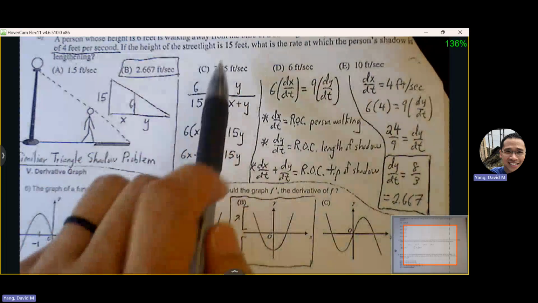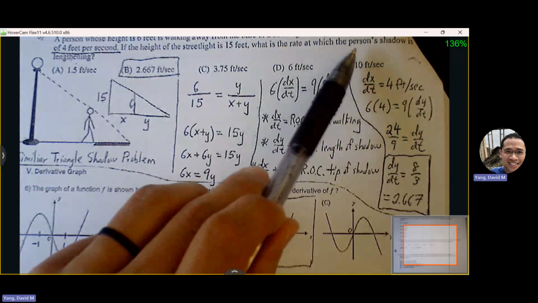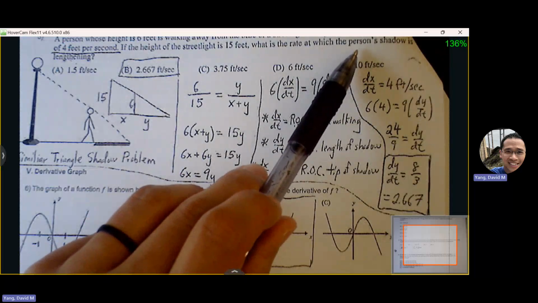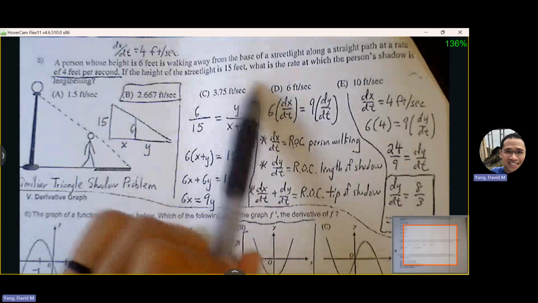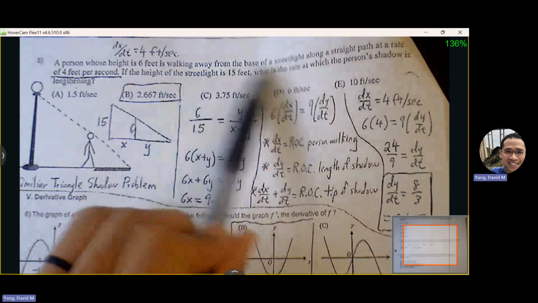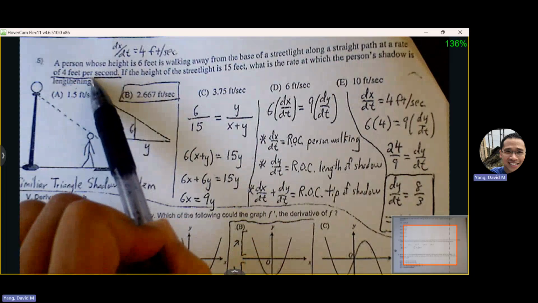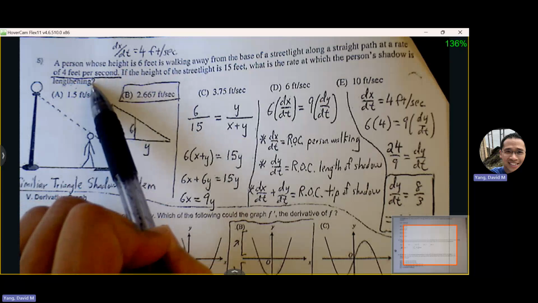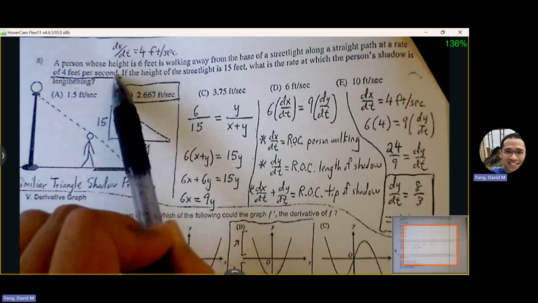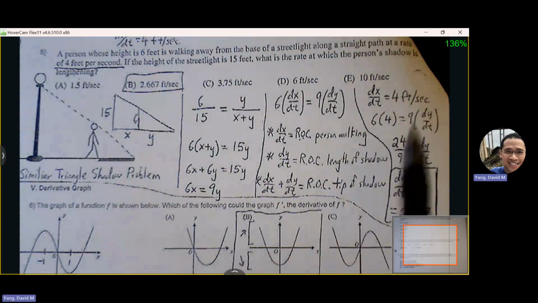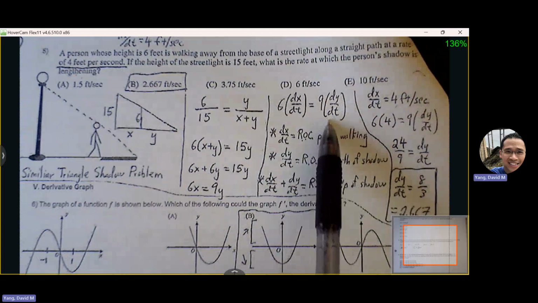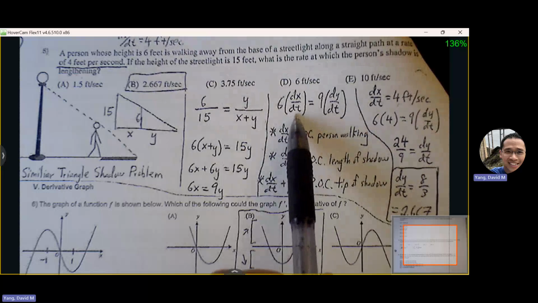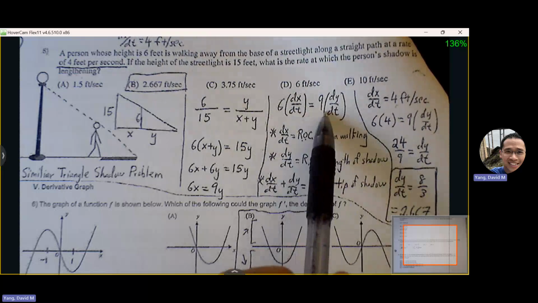But this problem is only asking for the rate at which the length of the person's shadow is increasing. So we only have to look for dy/dt. dx/dt is the rate at which the person is walking, and he's walking away from the street lamp at a rate of 4 feet per second. So 4 will be your dx/dt. And then you plug 4 into the derivative equation for dx/dt, and you solve for dy/dt.